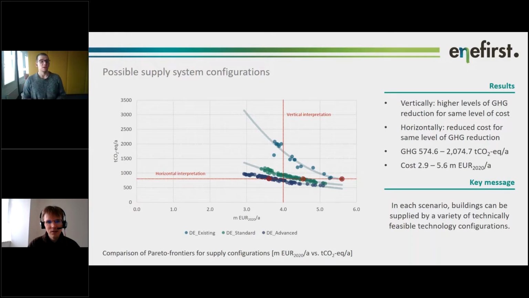Yeah, definitely agree. Maybe to clarify this, the detailed charts that I've shown on the installed capacities, etc., they were referring to these three particular system configurations right here. But we can see that there are also other system configurations below which achieve even lower greenhouse gas levels. And these, I don't know by heart which technologies are behind these individual dots, but I would assume that natural gas boilers do not play a role anymore in many of these.